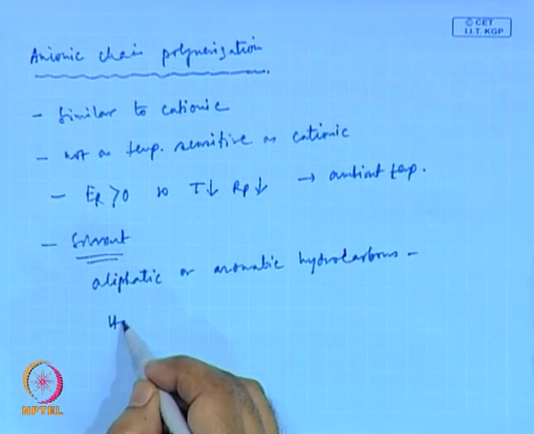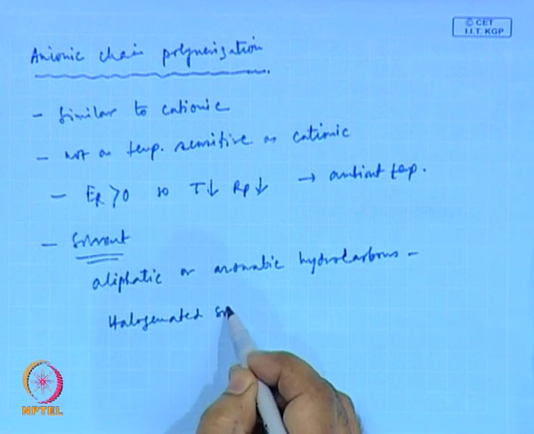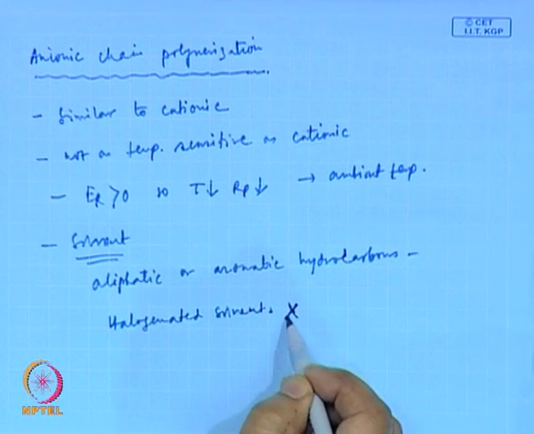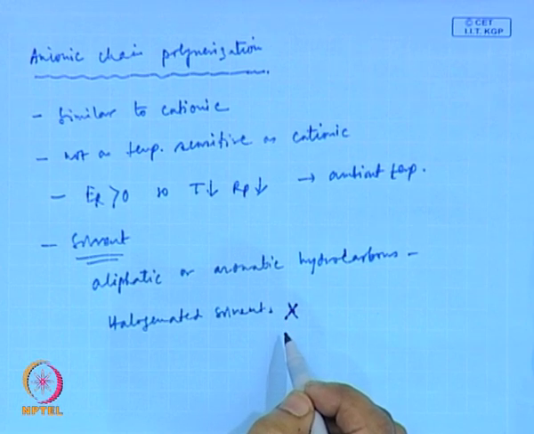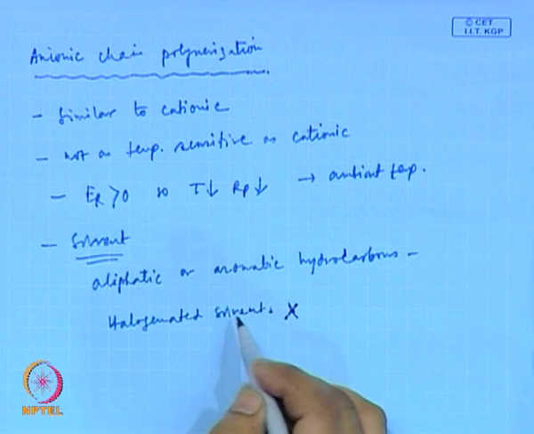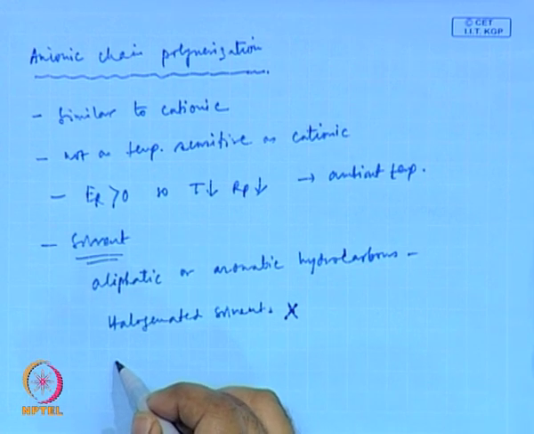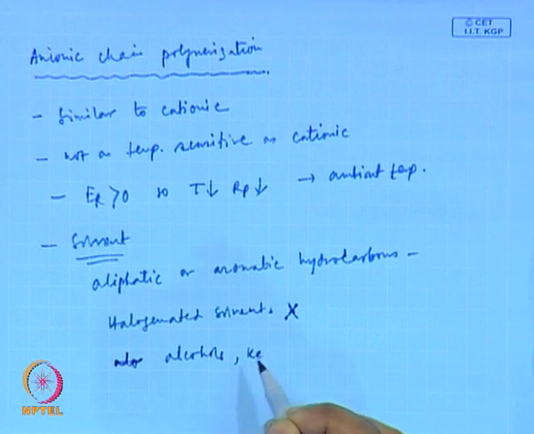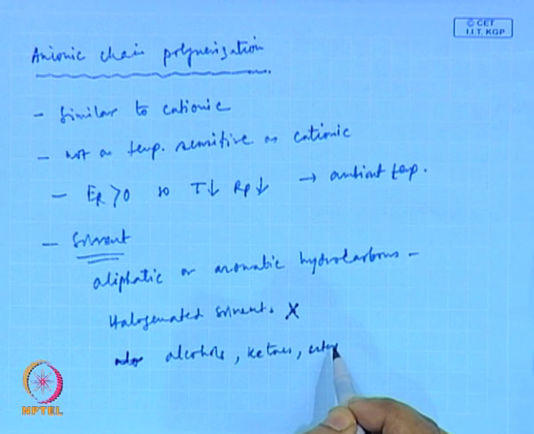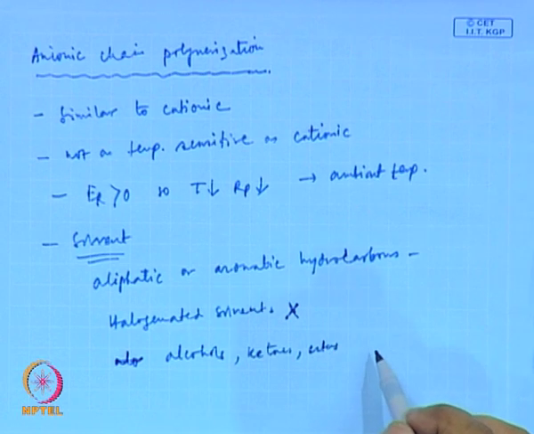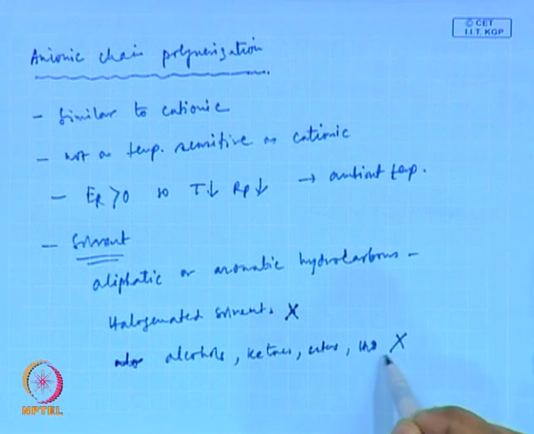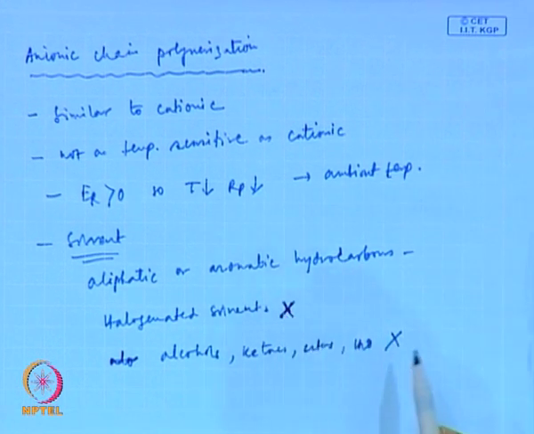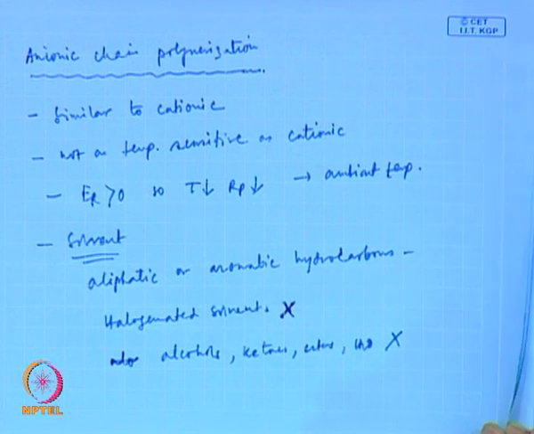You cannot use halogenated solvents, which were suitable for cationic polymerization, because there are facile nucleophilic substitution reactions with the carbanions, and other polar solvents like alcohols, or ketones, esters also cannot be used, as well as H2O cannot be used, for the same reason, because they can very quickly react with the carbanionic propagating species and terminate the chain reaction.